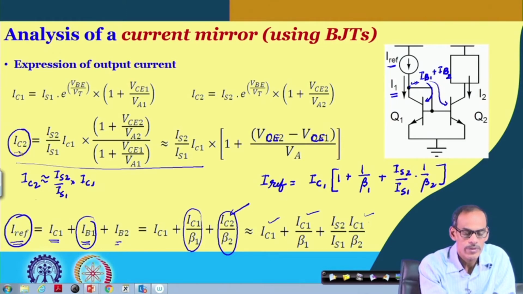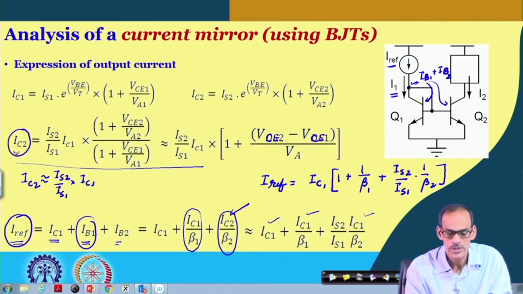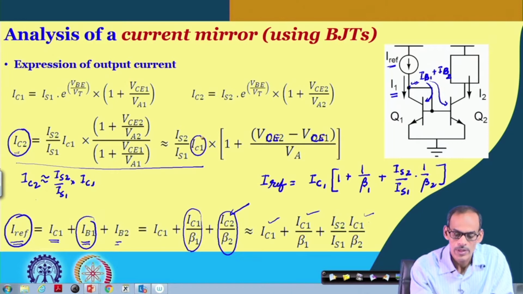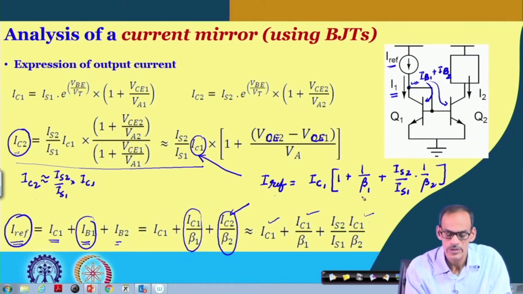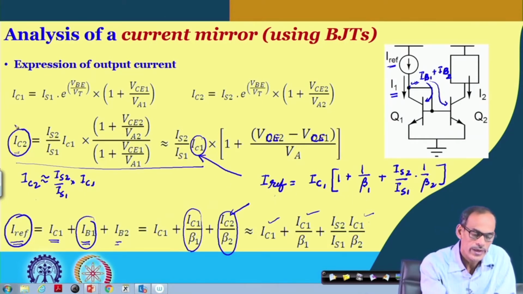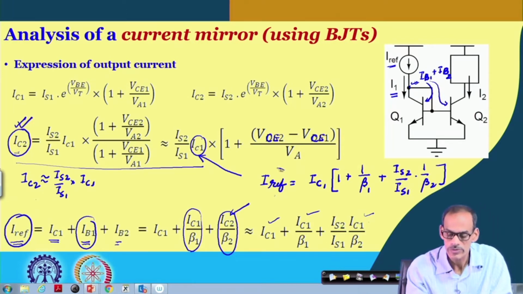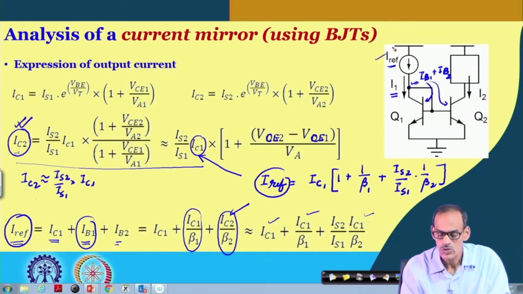So far we have the IC2 expression in terms of IC1, and then the expression of IC1 can be placed here, namely Iref divided by this factor, to get the final current in terms of the reference current. In the next slide we will be doing that.